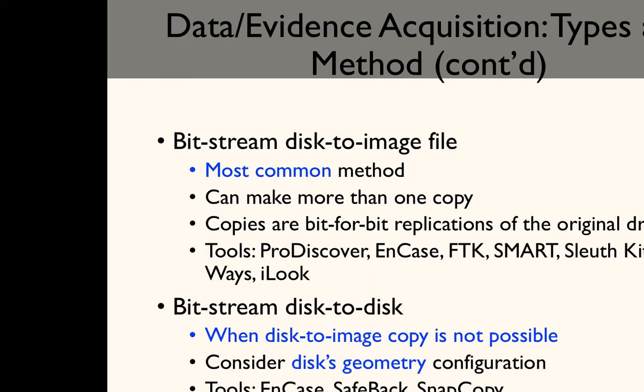The other two types, the first one is called bitstream disk to image file. So basically, this is the method we usually use once we acquire any kind of hard disk. We want to make an image of that hard disk.